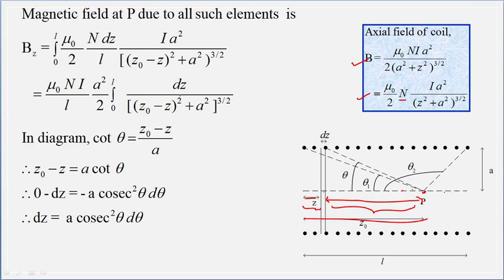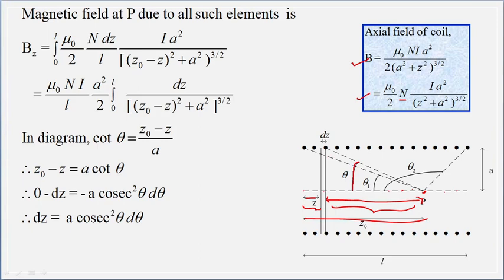In order to evaluate it, this is not a standard integral. The integral of 1 by (z naught minus z) square plus a square, raised to 3 by 2, is not a standard integral. So we will try to put in trigonometric quantities and then integrate it. In this diagram, take cot of theta. This is theta.